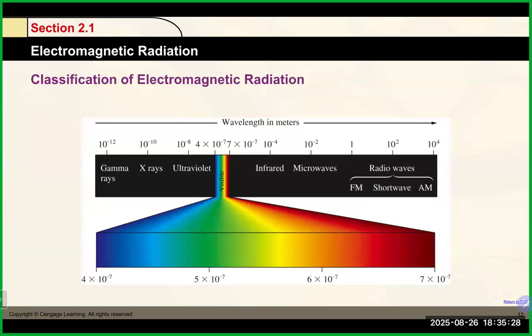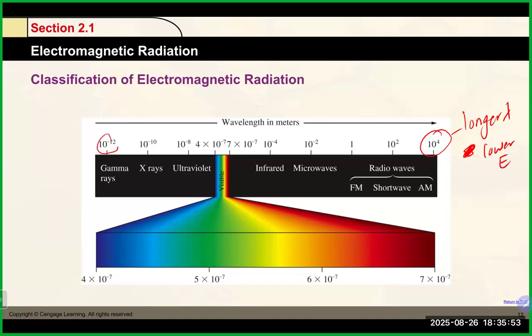So speaking of that, this is the electromagnetic radiation. And when waves come off, they have a specific wavelength associated with it, and they may fall somewhere on the spectrum. So on this side, we have a wavelength at 10 to the 4th. That's a longer wavelength, which means on this side, it would be a lower energy.